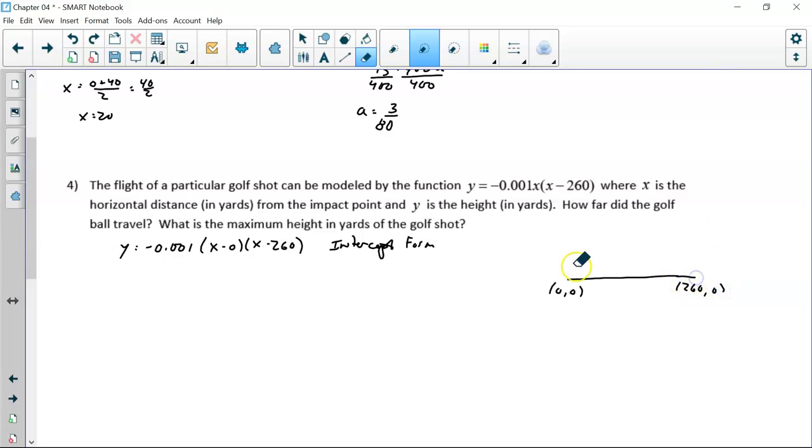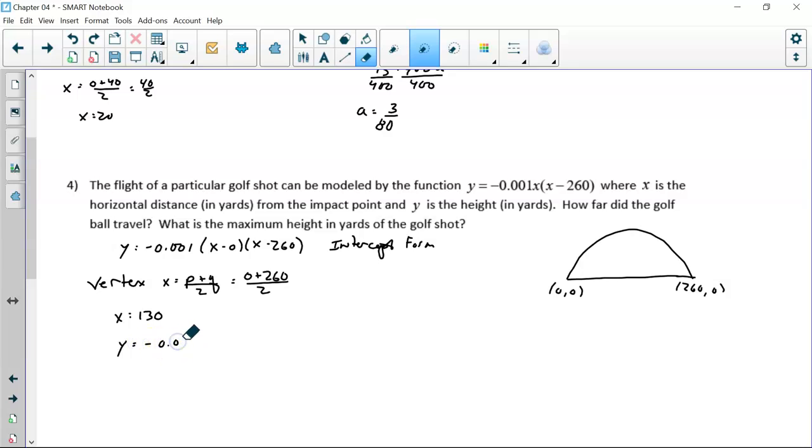Now to find the vertex in intercept form, we can add up the x's. x equals p plus q, the intercepts, and then divide by 2. 0 plus 260 divided by 2, so x equals 260 divided by 2, which is 130. Then we find y by substituting into the equation.